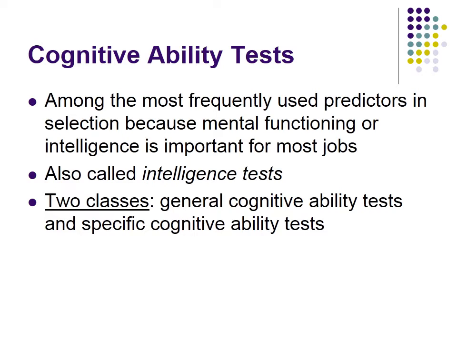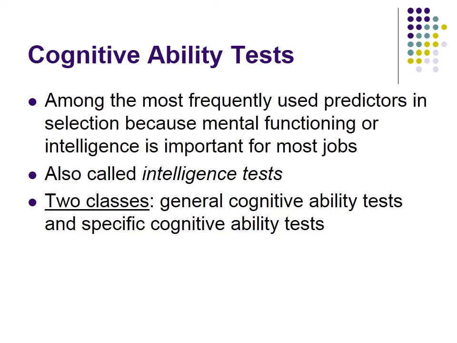People have made some strong arguments: are we actually measuring intelligence with a cognitive ability test? Are we actually getting at some kind of multidimensional measure of how smart someone is? You probably know people that are very smart in some areas, but not so smart in others. So whenever we're measuring cognitive ability, we're not that sure exactly what we're capturing.